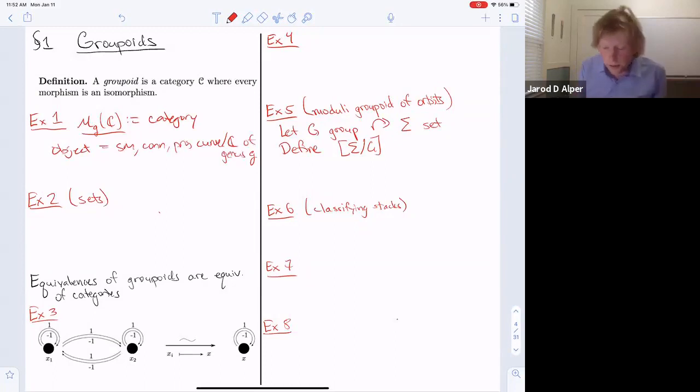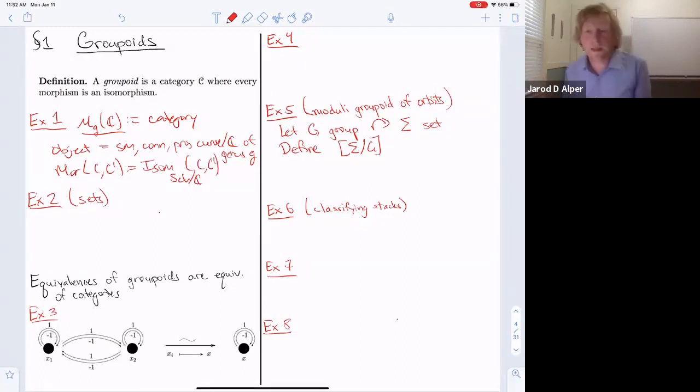And then in this category, we declare a morphism between two complex curves, C and C prime, to simply be an isomorphism in the category of schemes over C from C to C prime. So it's a groupoid by definition. We're declaring morphisms to be invertible.